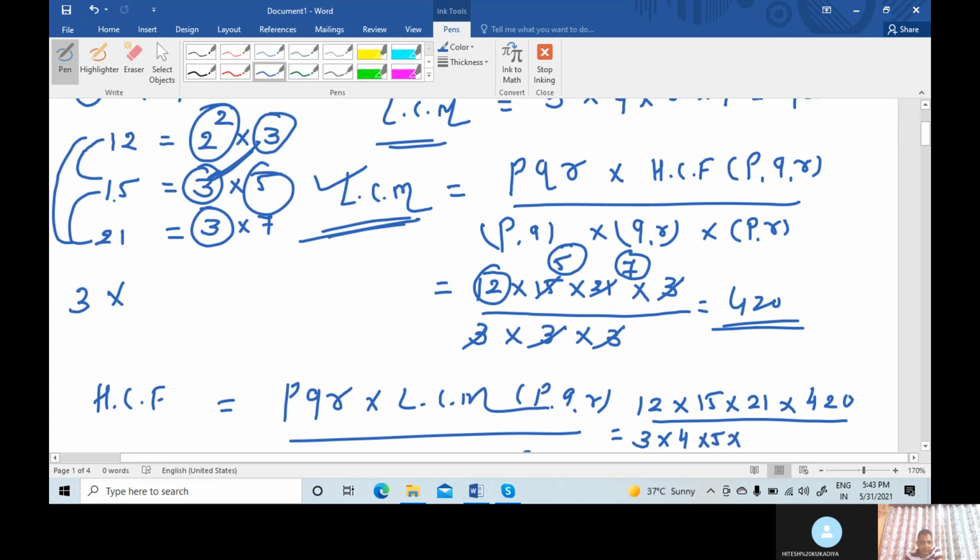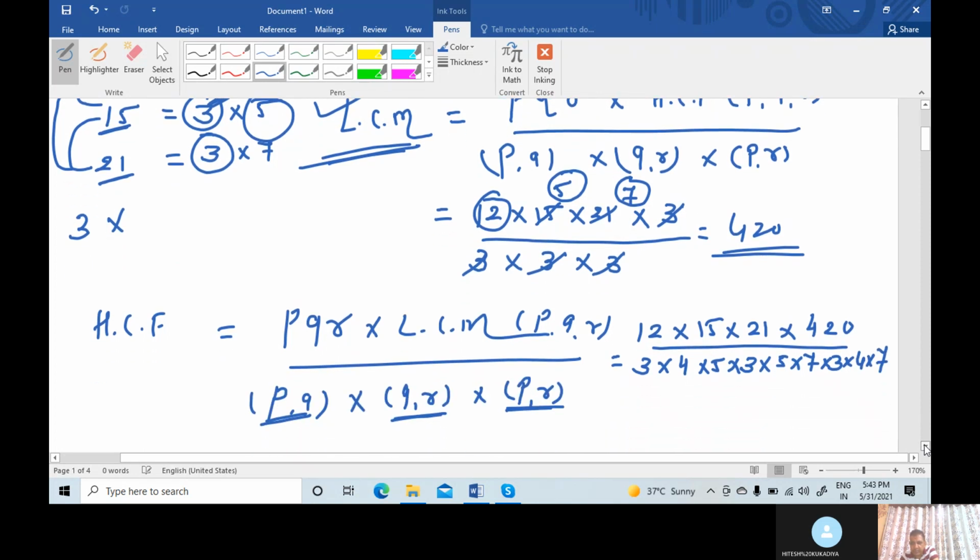Now the LCM of 15 and 21: again common number 3, then the remaining numbers 5 and 7. Now the LCM of 12 and 21: again common number 3, and the remaining 2 squared, that means 4, into 7.